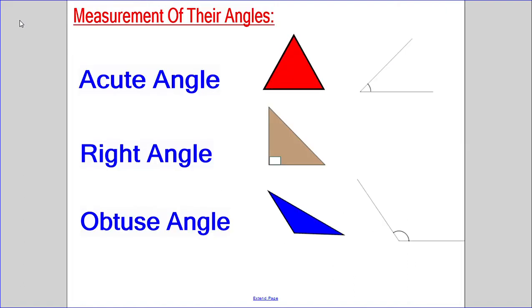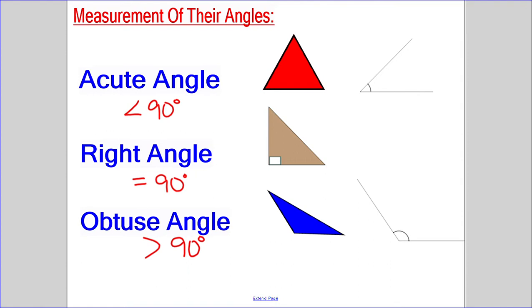If we take a look at them from the measurement of their angles, we have an acute angle, which is an angle that is less than 90 degrees. Then we have a right angle, which is equal to 90 degrees. And then we have obtuse, which is greater than 90 degrees. You can see those angle measures inside the triangles that can also define them.